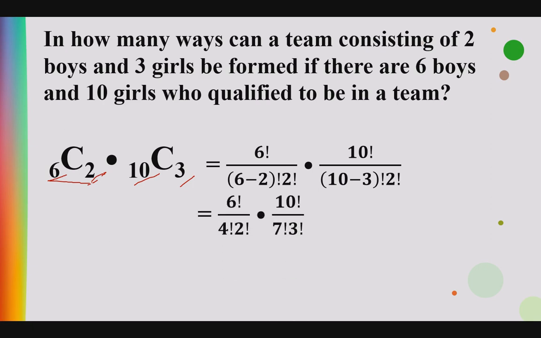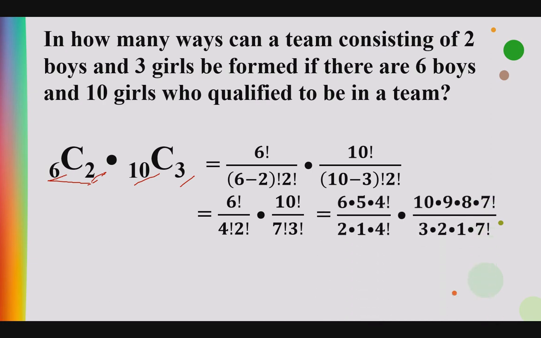Solve natin, magiging ganito, nag-minus lang muna tayo, then expand natin hanggang 4 lang, kasi may kamukha na sa baba. Then 2 times 1, ito naman hanggang 7 kasi may kamukha na sa baba.